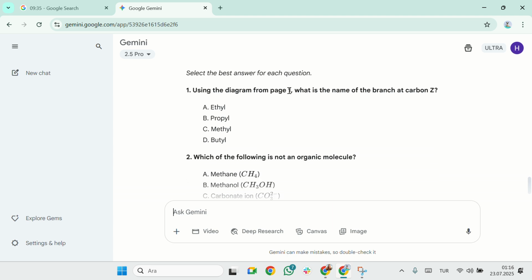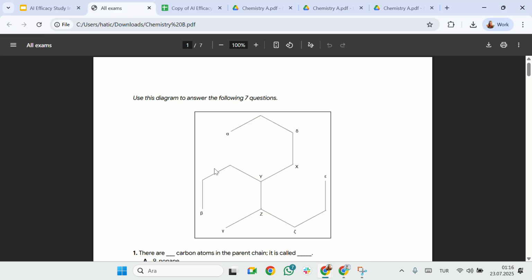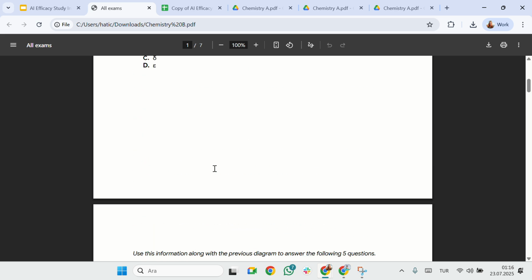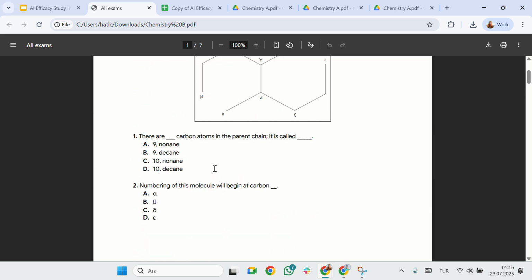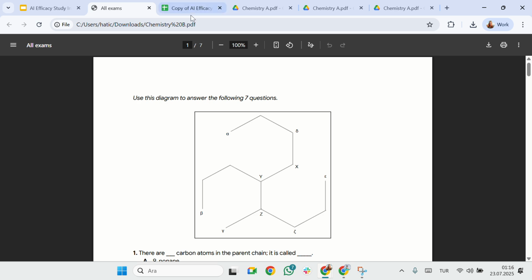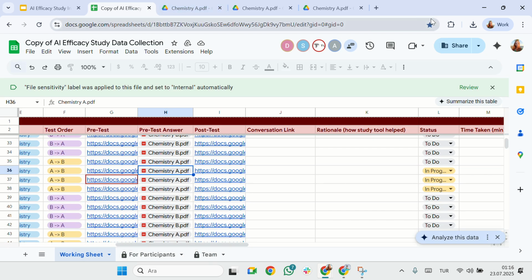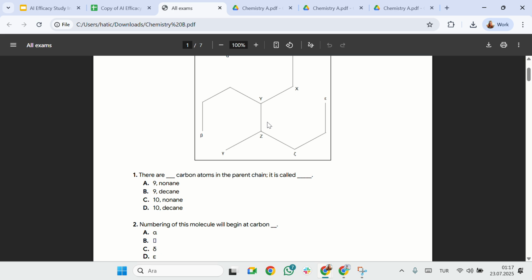Using the diagram from page 1, what is the name of the branch at carbon Z? Page 1. Okay, let's see. Is this the correct one? Yeah.